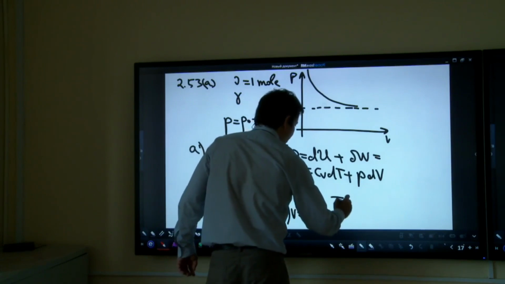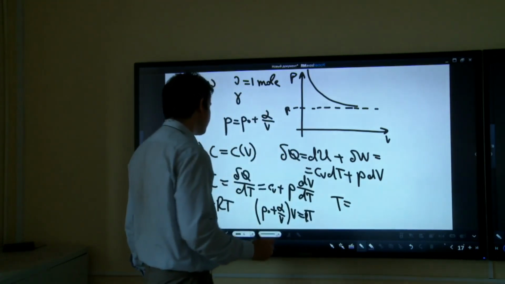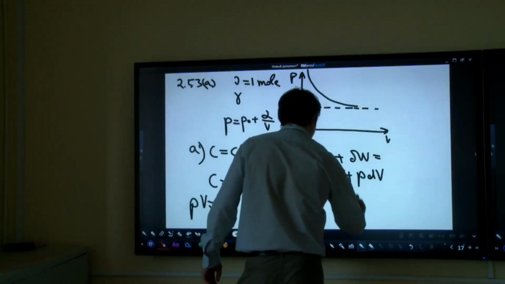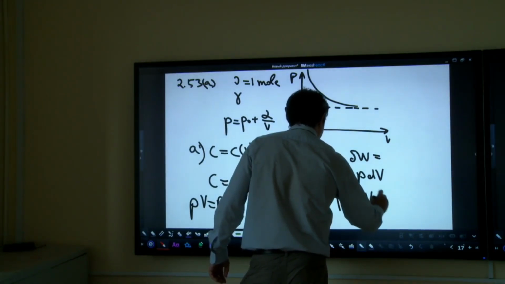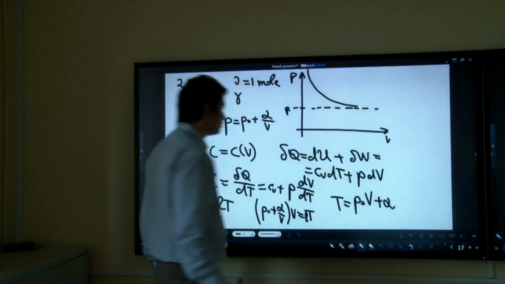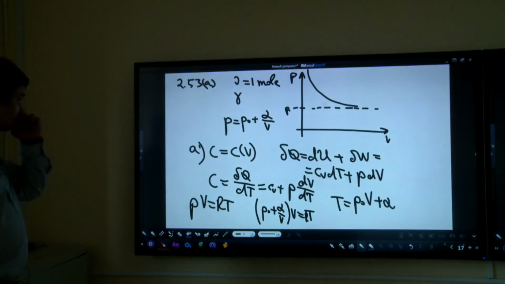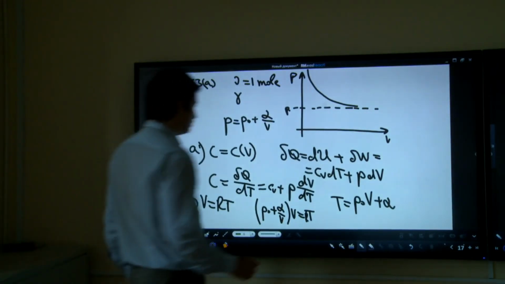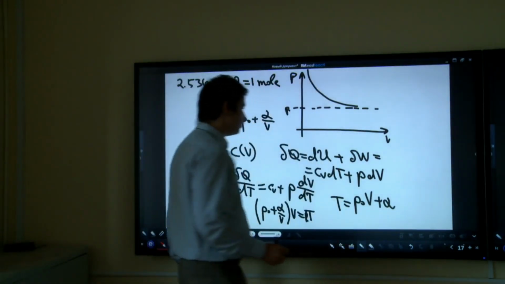From here I get that the temperature is P0V plus alpha, over R.